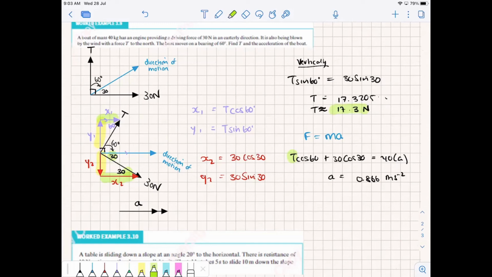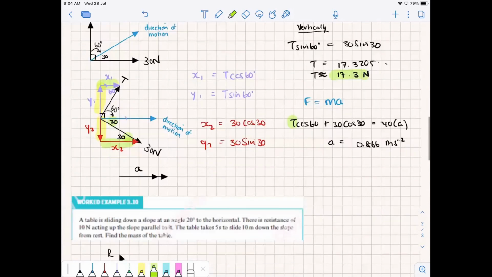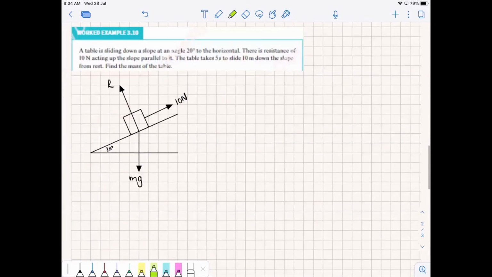If you have to go back and recalculate that force, recalculate it so you have the exact value on your calculator, and then use that immediately to work out the next line, T cos 60 degrees. Remember how trig ratios are very sensitive to decimal places. Right, one more to go.